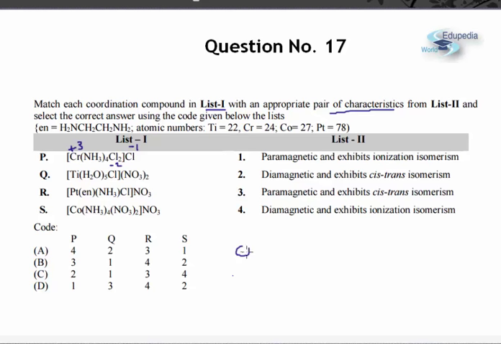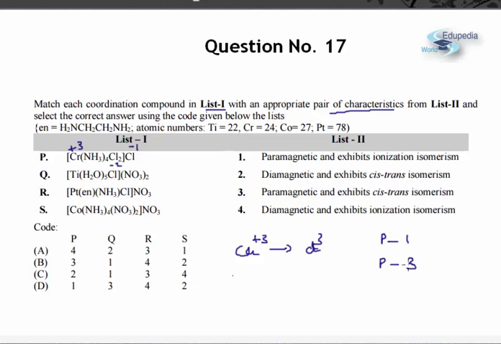Chromium in +3 oxidation state will have a d3 configuration, and all these ligands are weak field ligands, so there will be unpaired electrons. It will be paramagnetic in behavior, so P could match with 1 or P could match with 3.